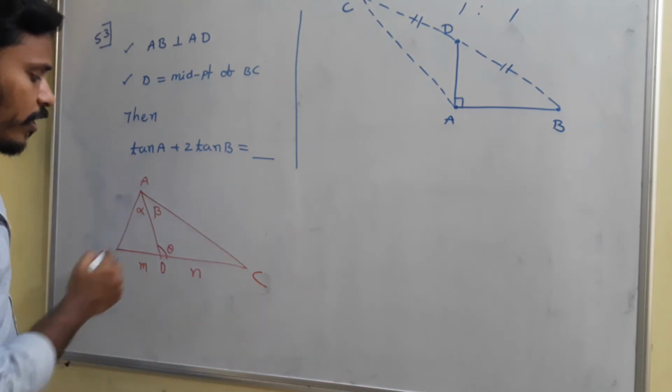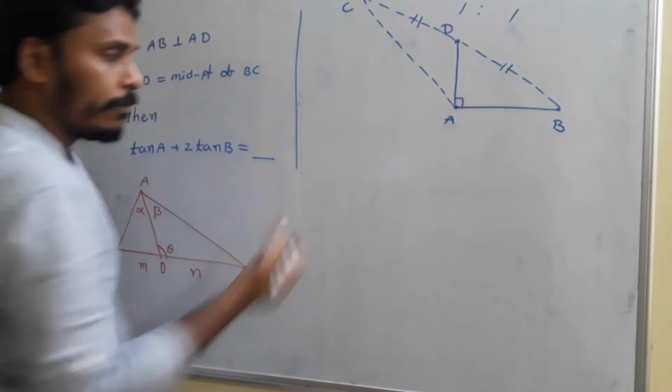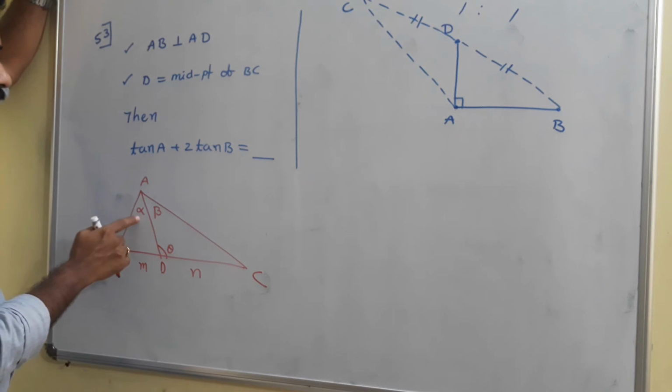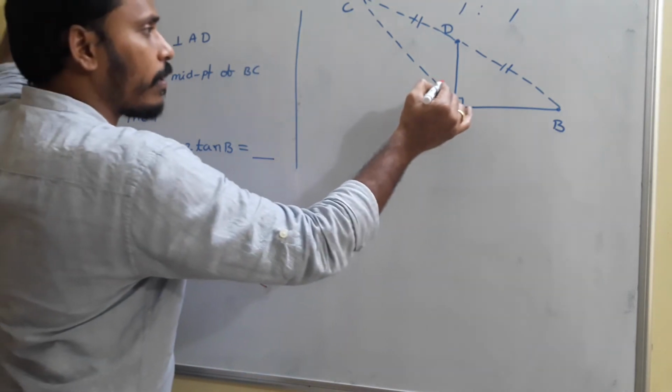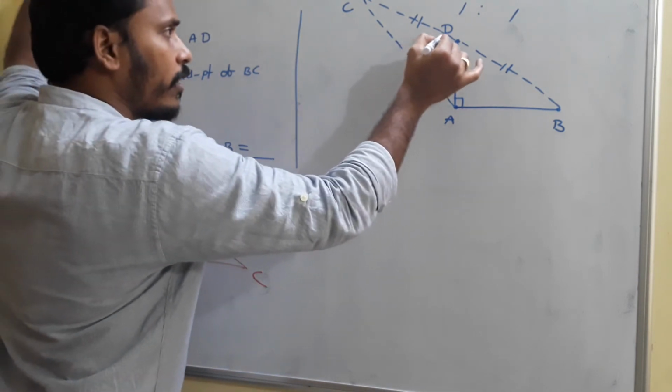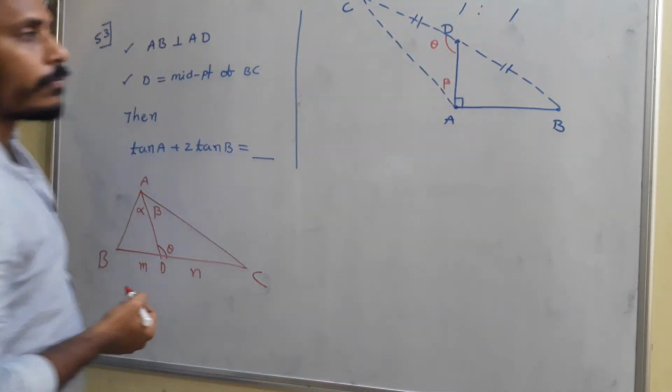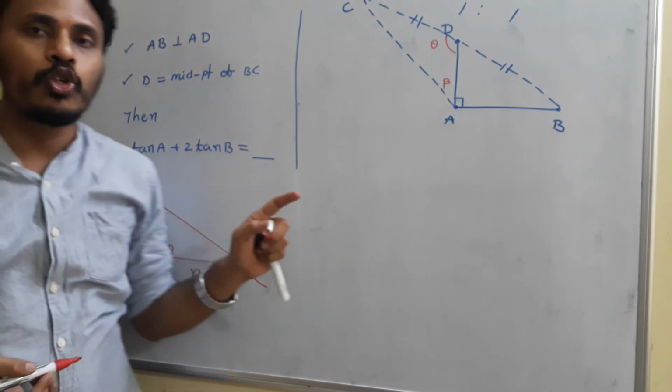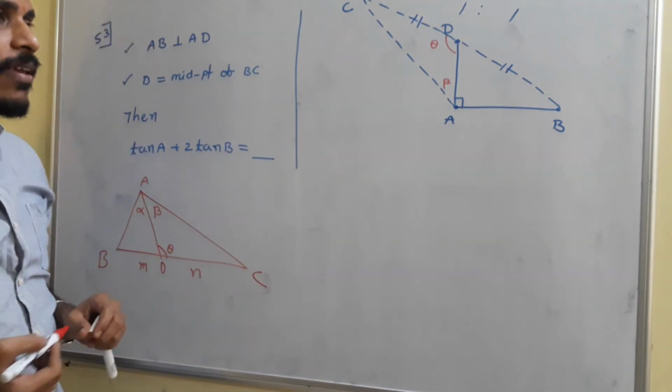Just like AD we have here AD, and at one side the angle is alpha, the other side is beta, so here some angle is beta you may say, and here the angle is theta. I am taking those two angles as beta and theta just to apply the MN theorem.